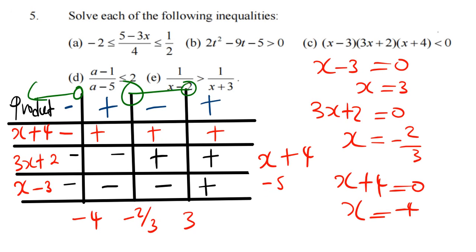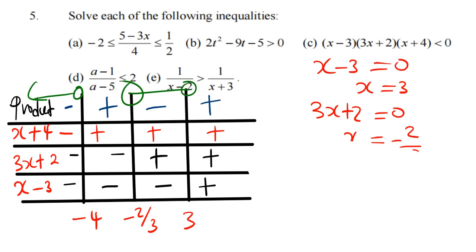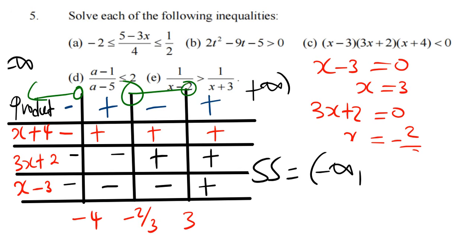Now the inequality is not including anything, so it means we're going to use open brackets. So the solution set then will be, you can express it in interval notation. Of course, going this side is negative infinity, going this side is positive infinity. So in this case, we're going to start from negative infinity all the way to negative 4, which is not included, union.